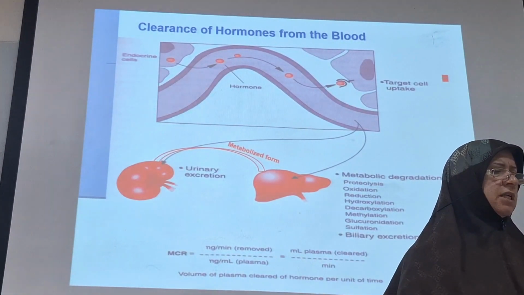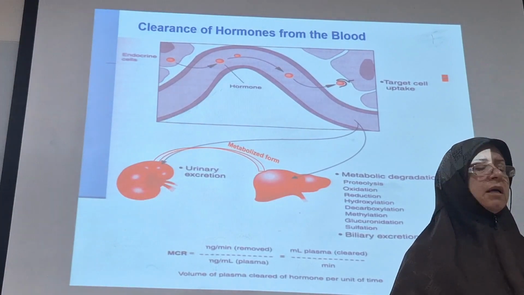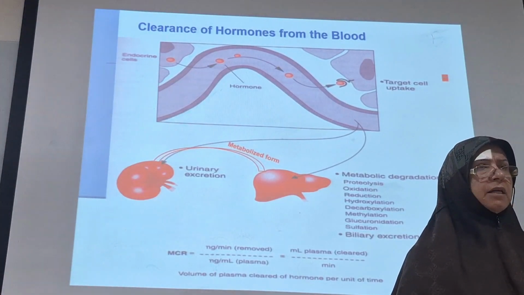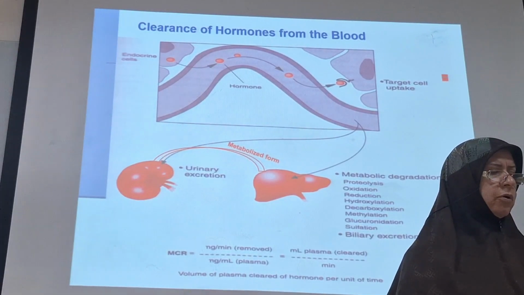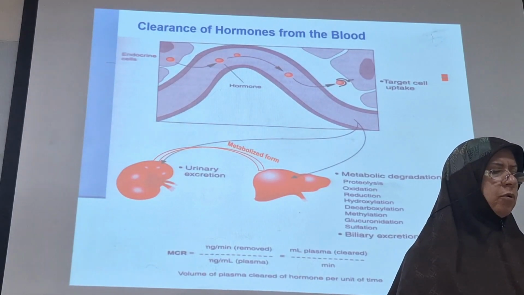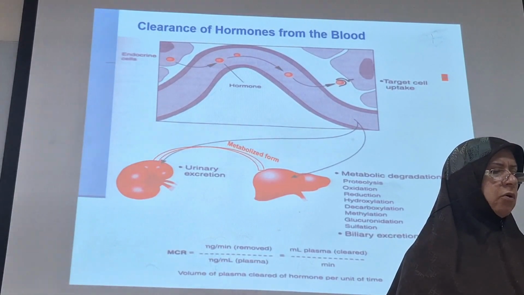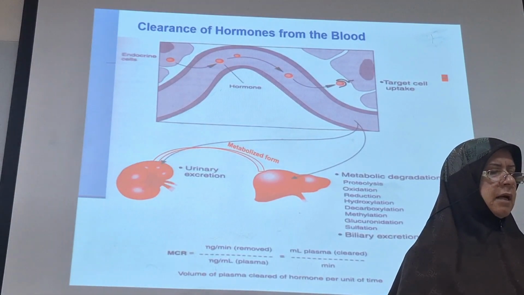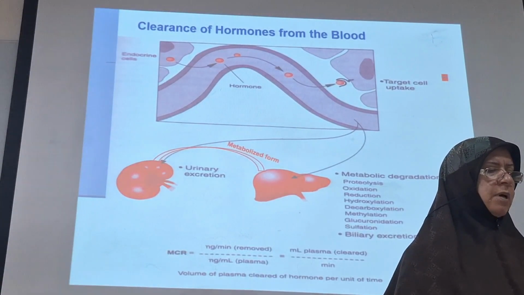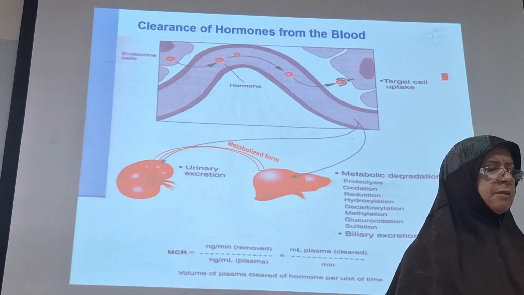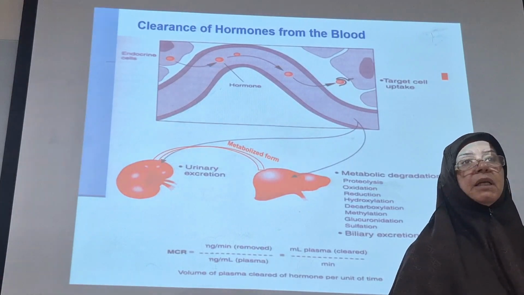And here you see the formula of metabolic clearance rate. Metabolic clearance rate is the removed hormone, in nanograms per minute, per concentration of hormone, in nanograms per milliliter. So here you see milliliters of plasma cleared of hormone per minute.